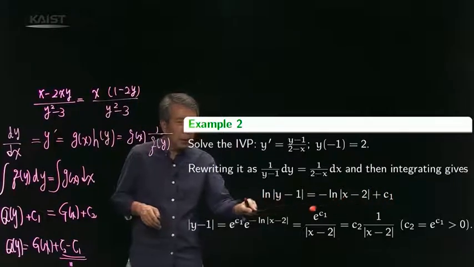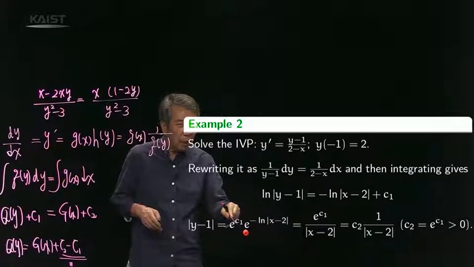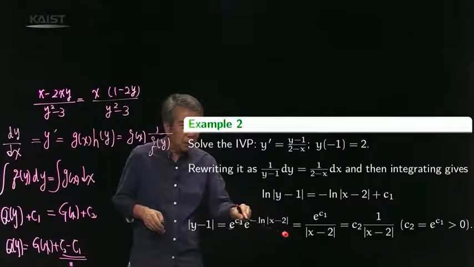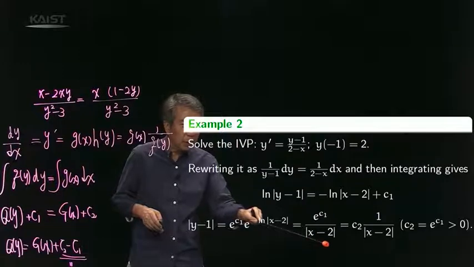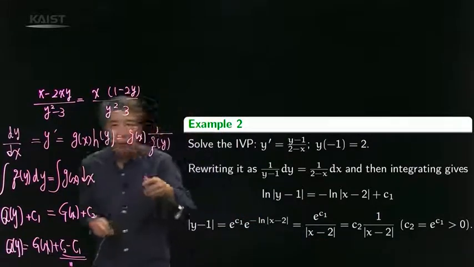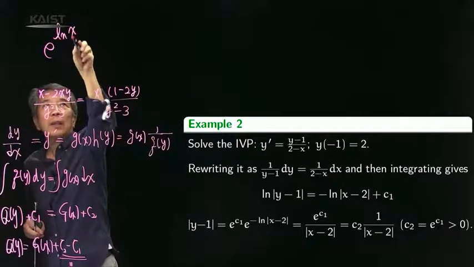Which is the same as e to the c1 times e to the negative log absolute value of x minus 2. How about this second expression? Can you see that this is the same as 1 over the absolute value of x minus 2? Because you know that e to the log of x is equal to x.